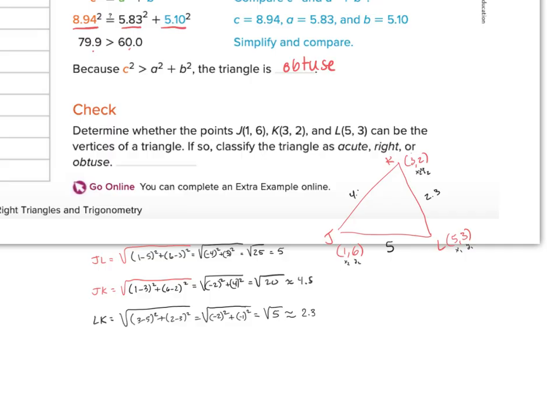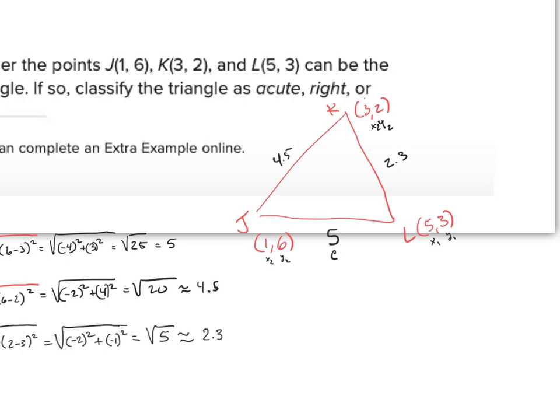This is approximately 4.5. So this should be my C value because it is the greatest side. I do know that 3, 4, 5 was a perfect triple, so I don't think it's going to be a right triangle. But if I call this A, call this B, call this C, that would be 5 squared, so C squared is 25.